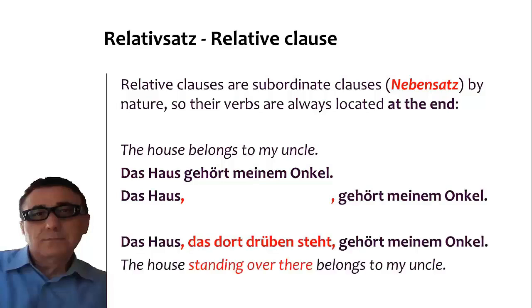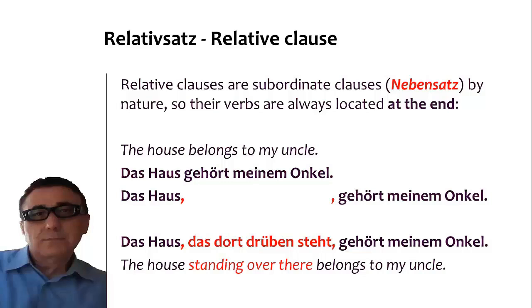So I want to say the house standing over there belongs to my uncle. In order to say that in German, I take first of all the article of house, which is das. Now, the first das in red color is my relative pronoun starting my relative clause.